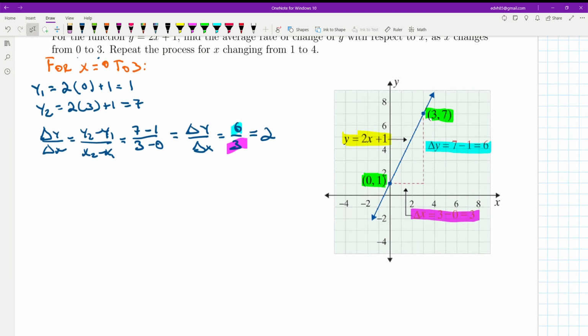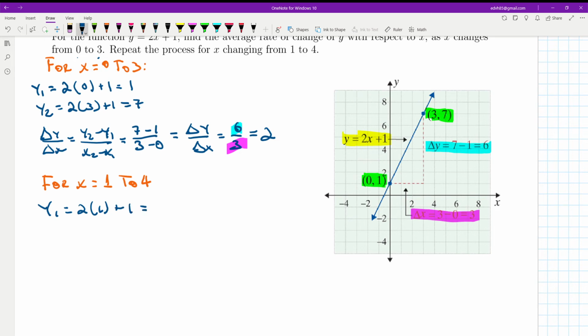Now let's repeat this process for x changing from 1 to 4 and see what we get. Because this is a straight line, we should get the same slope.